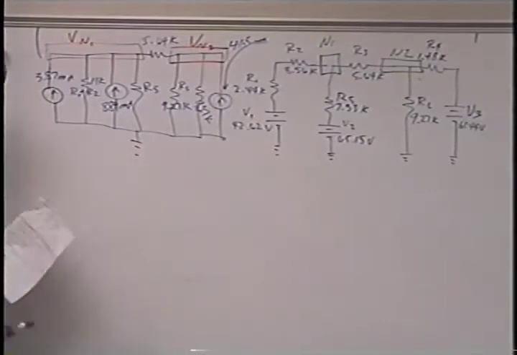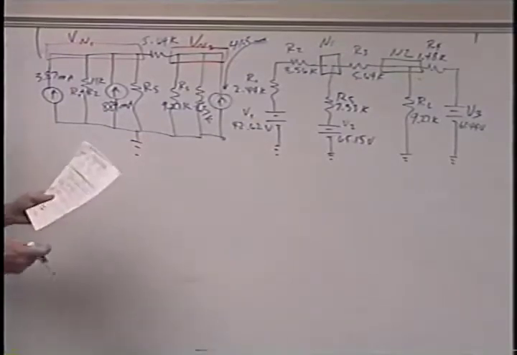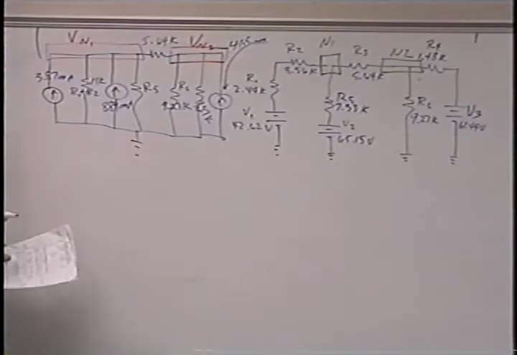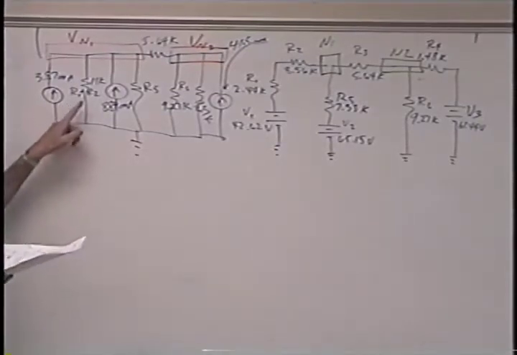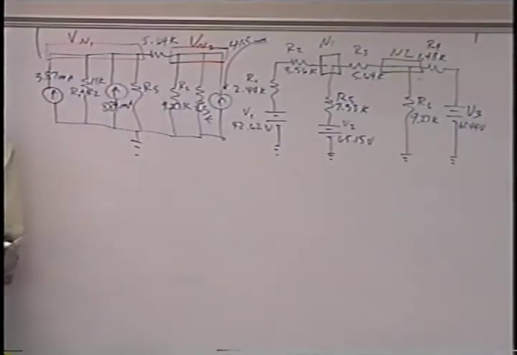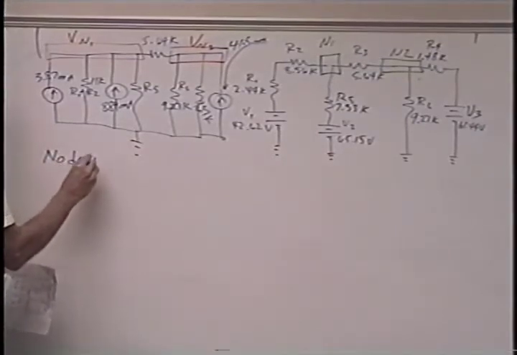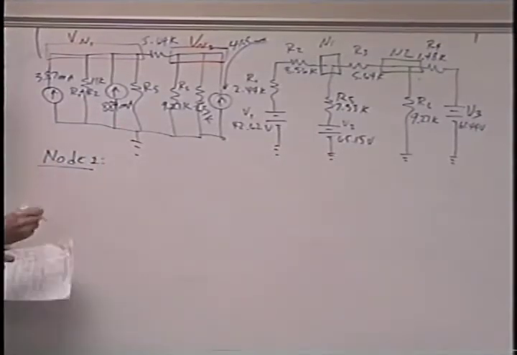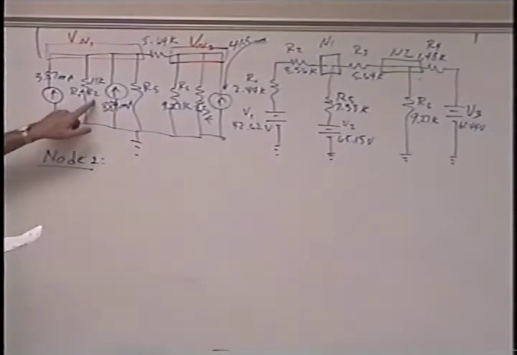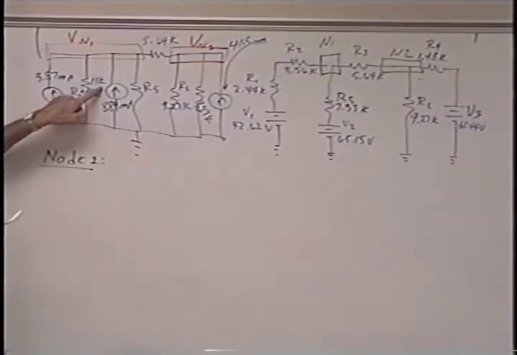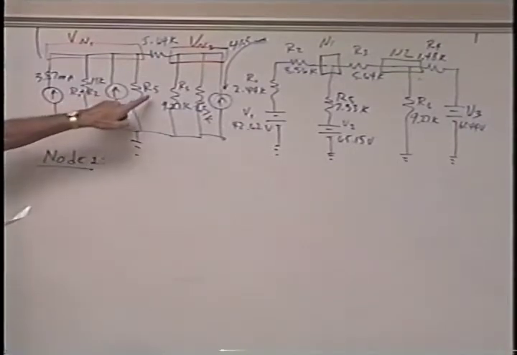Your equations are first going to, we're going to look at the node and sum all the conductances tied to the node. So for node 1, we've got 11K tied to the node, so we'll take the reciprocal of that, plus the reciprocal of R5.